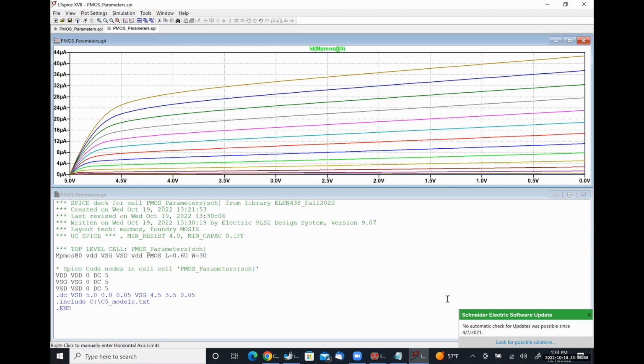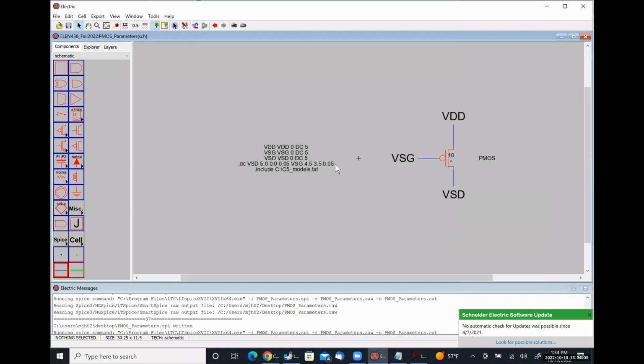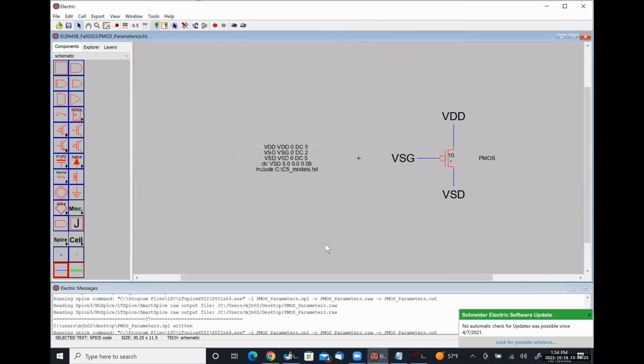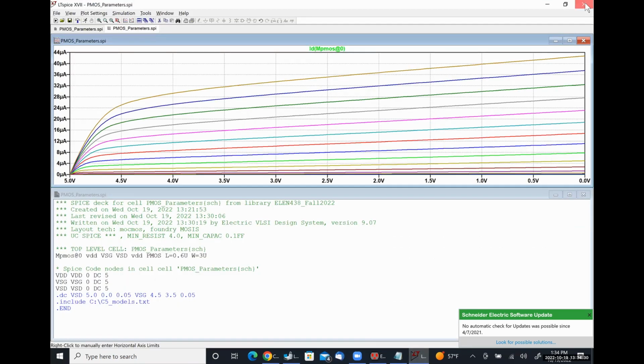Somebody give me a value for VSG. 2 volts. 2 volts. This guy's going to be really on. So we're going to make this just a 2 volt source. We're no longer going to sweep it. Close this.